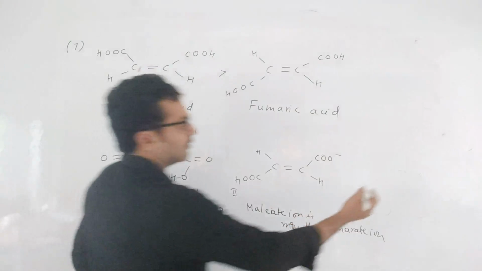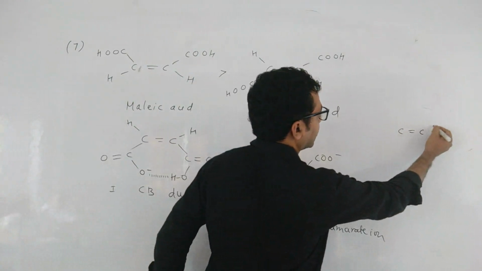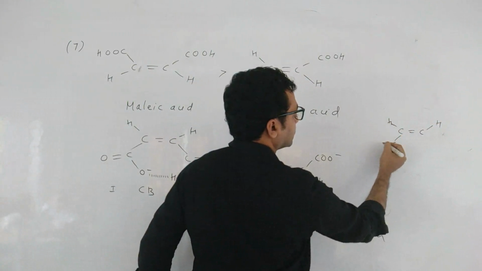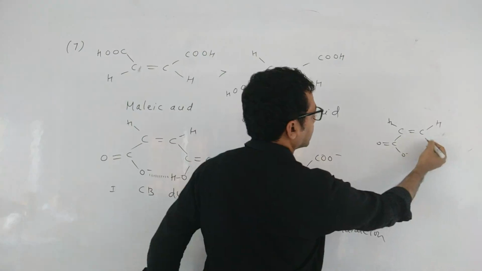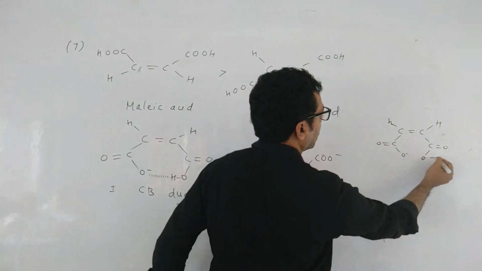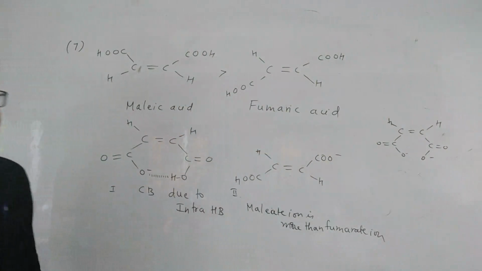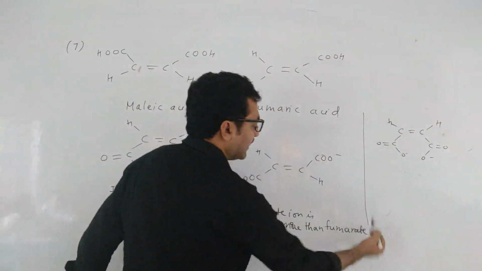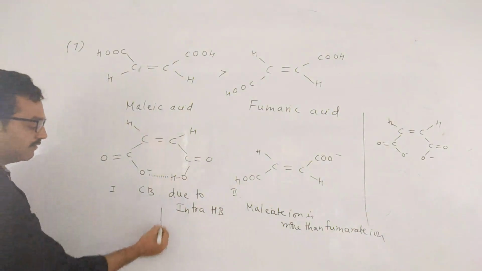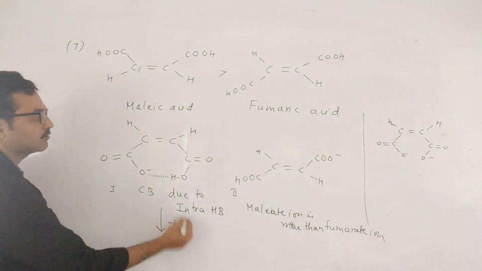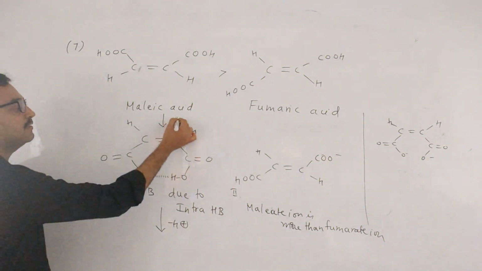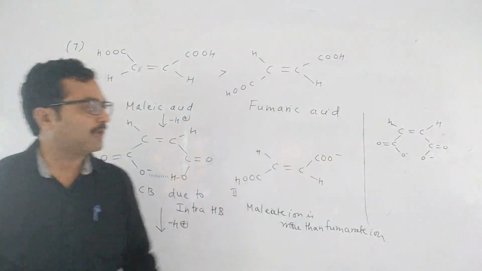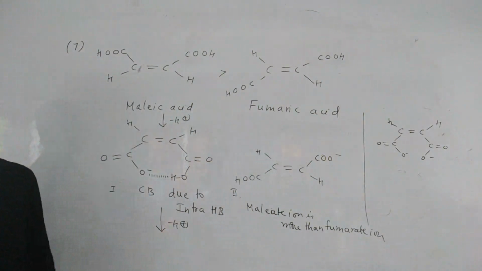So you will get a dianion like this, C double bond C, H, H, C double bond O, O minus, again C double bond O, O minus. Okay, like that it will come. If malate ion gives further H plus, the first time it has given H plus and formed malate ion, again if it gives H plus, then it will form like that.